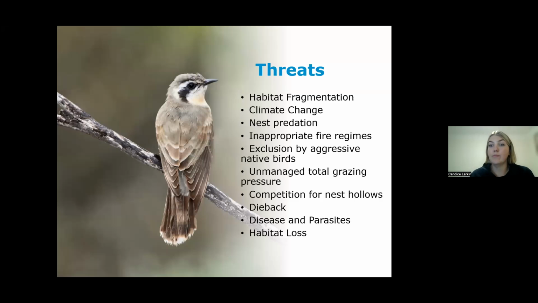One of the proposed theories for that is that we don't have all of these forest gleaners removing all the lerp and the parasites, because they've been outcompeted by species like the noisy miner. When those birds are absent from the ecosystem, this disease, these parasites and the lerp all go unchecked, and then we have all of these sick and dying trees.